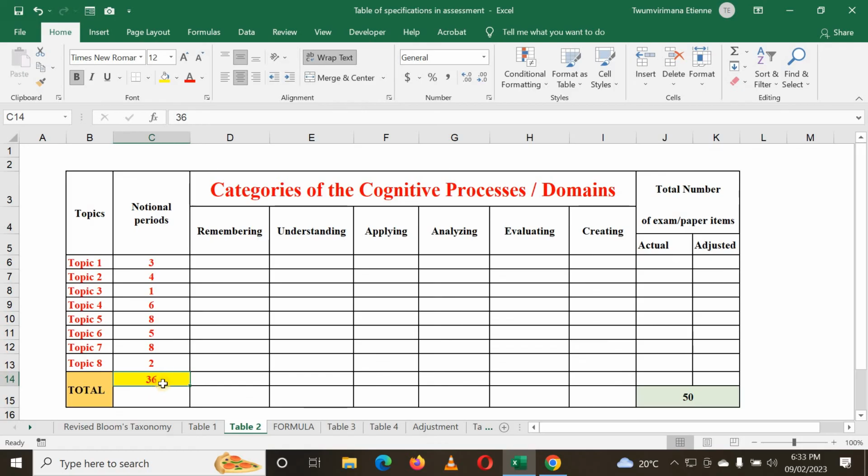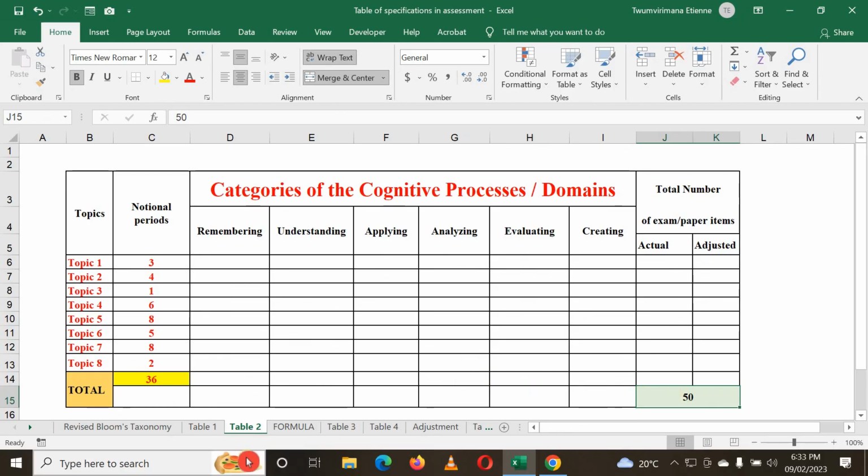You can see here we have 36 periods, 8 topics, and what other thing we have to put in our table is the number of questions, which must be the first one to be put in your table of specification.